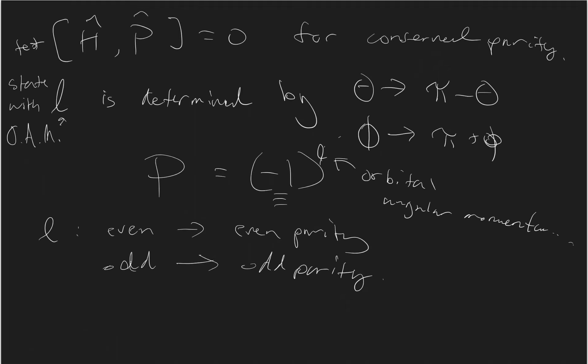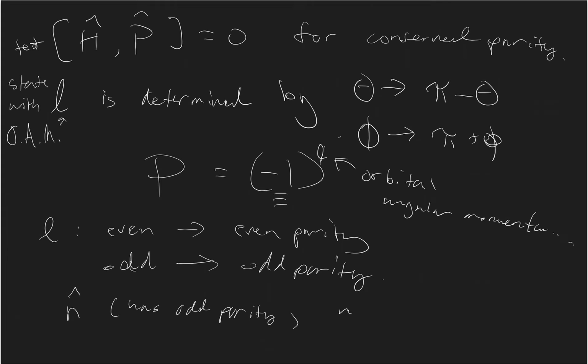For example, if you have a polar vector, like the position operator, let's say r hat, which has odd parity. Hopefully, you can see why that has odd parity.